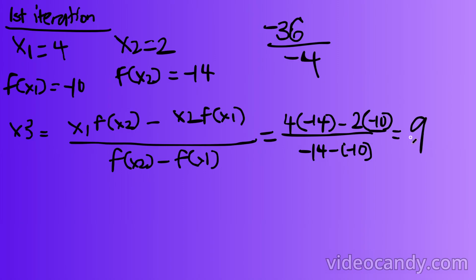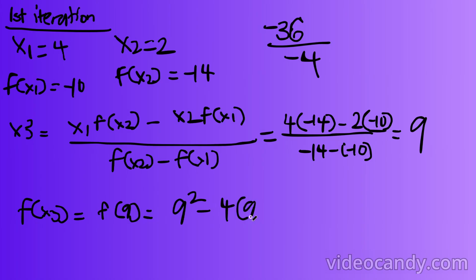So the answer is 9. So f of x3 is 9 square minus 4 times 9 minus 10, which is 35. So f of x3 equals 35 in the first iteration.